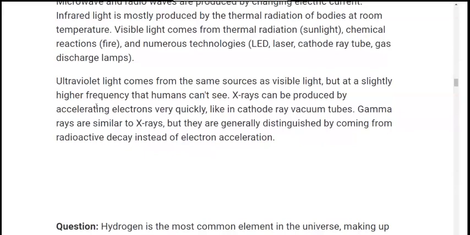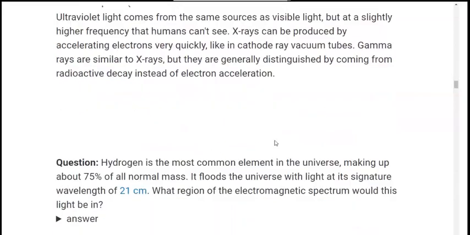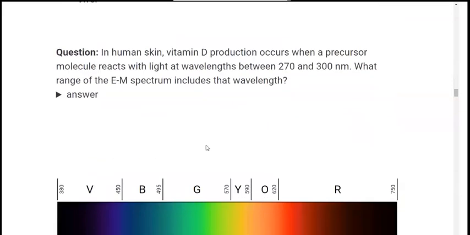And gamma rays are similar to X-rays, but they are generally distinguished by coming from radioactive decay instead of electron accelerations. So these are the brief discussion about the components of electromagnetic radiation.